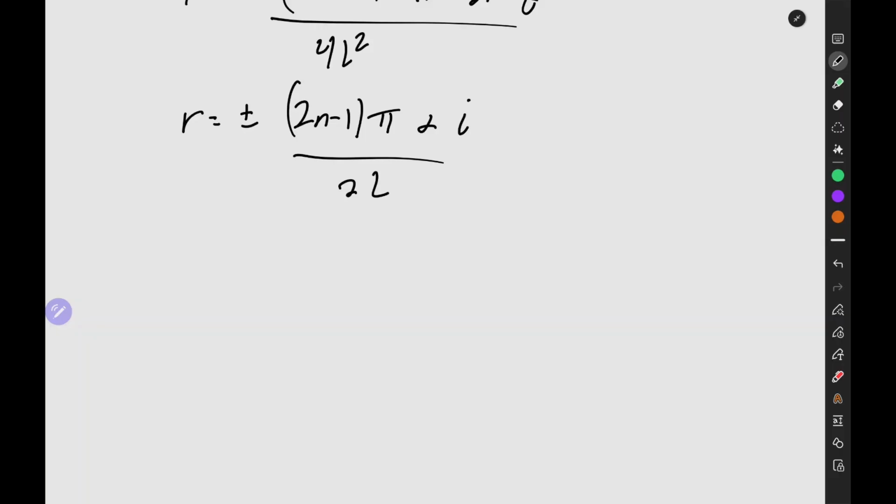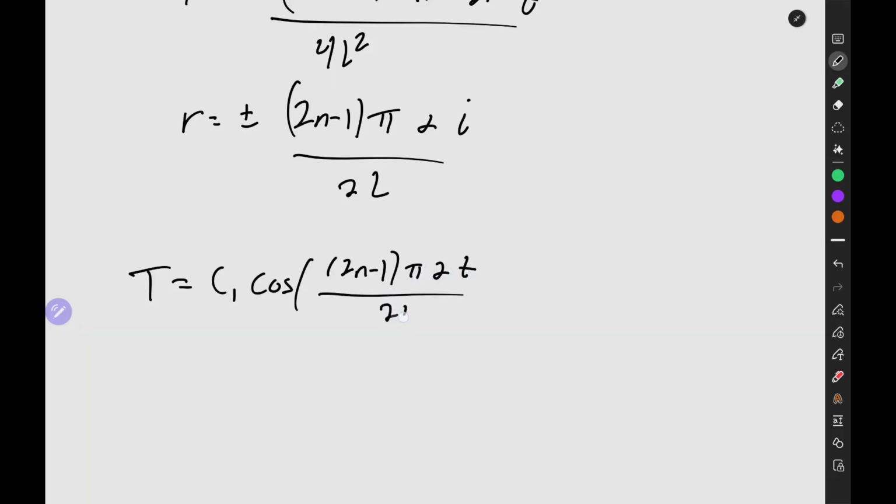We'll get there. C1 cosine 2n minus 1 pi alpha t over 2L plus C2 sine, same thing on the inside. Wait, 2L? Oh yeah, it's pi alpha t.